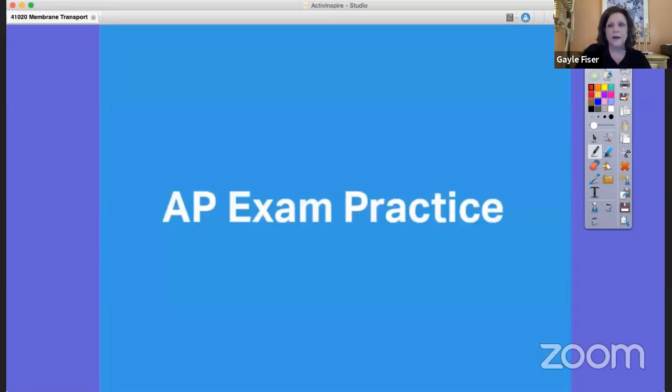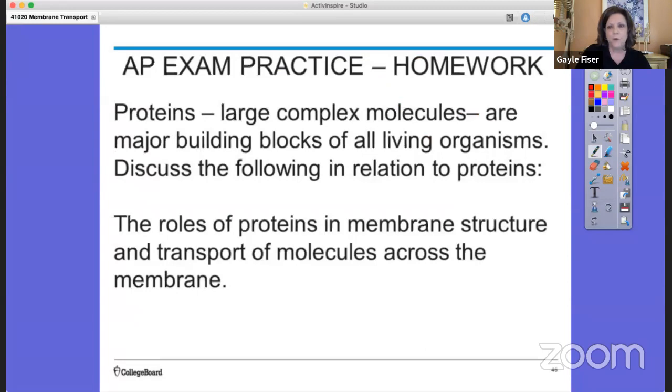All right, let's see. Homework. Proteins, large complex molecules, are major building blocks of all living organisms. You need to discuss the following in relation to the proteins. Oh, I'll finish this and I'll go back. The role of proteins in membrane structure and transport of molecules across the membrane.